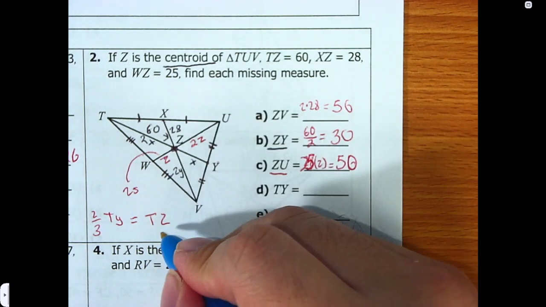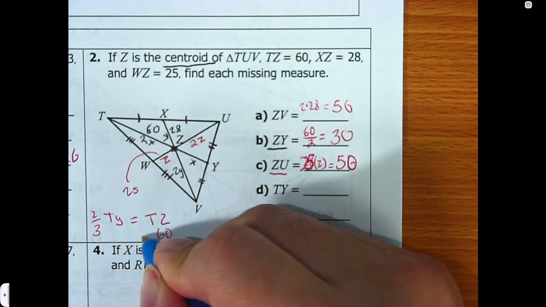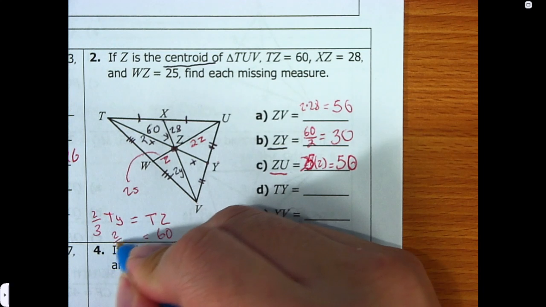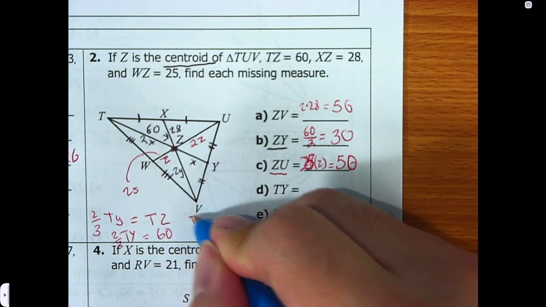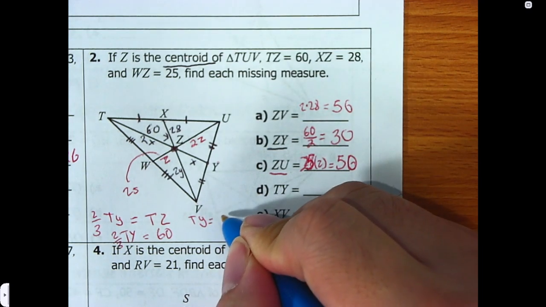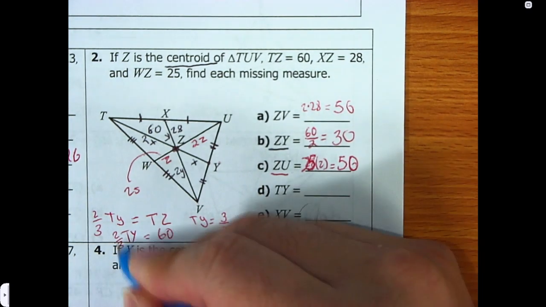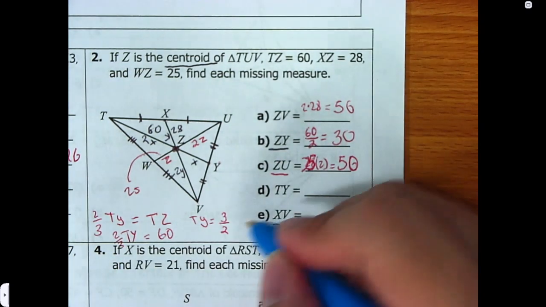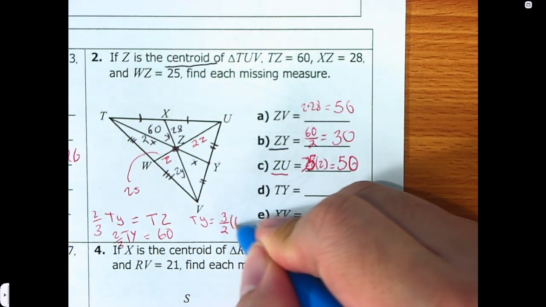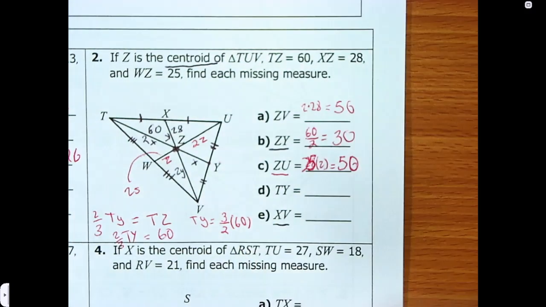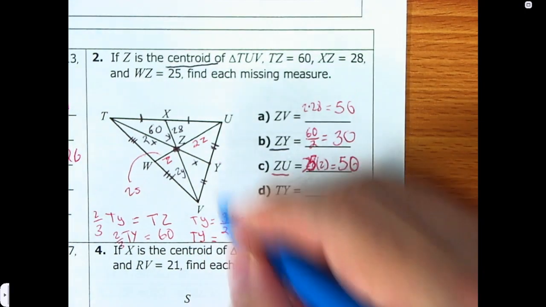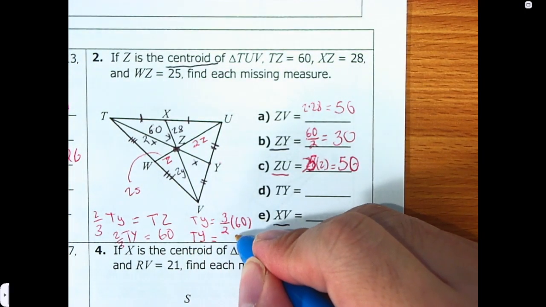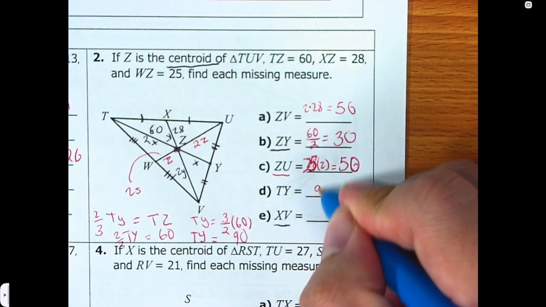And since TZ is 60, we can say that 2/3 TY is 60, or TY by itself would be 3/2, the reciprocal of your multiplier, times 60. Now you don't have to do this, but it is the short algebraic way to do it. But this will give us 90 as the length of TY.